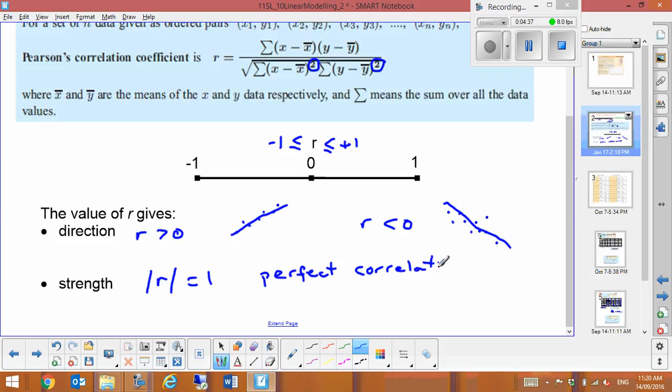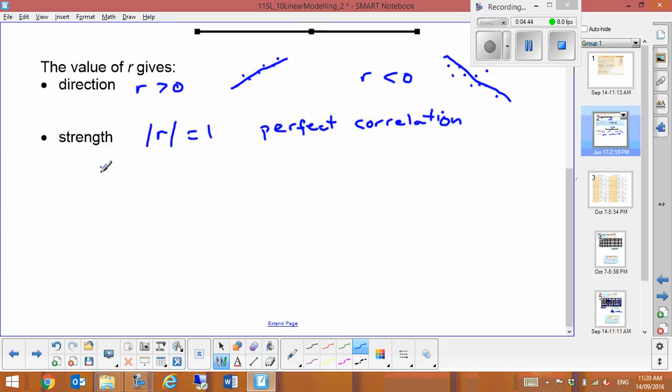All right, and the smaller the number, the weaker the correlation. So that's ignoring the plus and minus. So the smaller the absolute value of R is, the weaker the correlation.